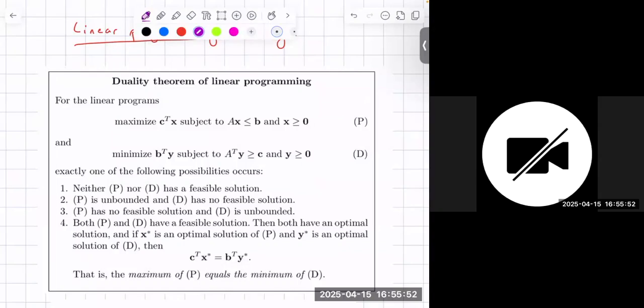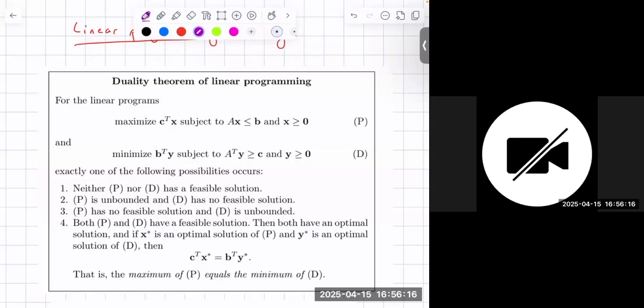And here is how you would see it in textbooks. They will say duality of linear programming. If your initial was this, minimize subject to that, the dual comes out as this vector times another vector. I was doing v, here it's y. A transpose y will be bigger than c, and y is going to be non-negative.